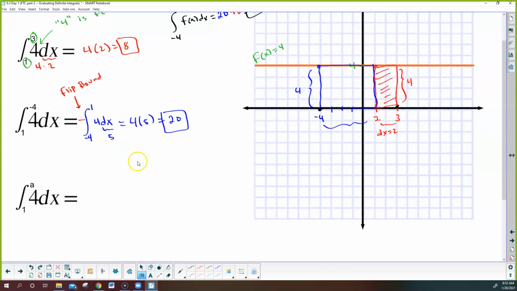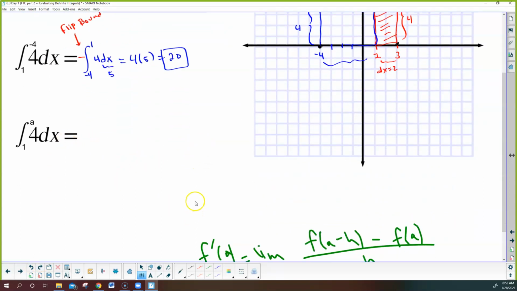just in case. What if I go from 1 to A? Now, we don't know where A is going to stop. I just know A is probably going to be larger. So what I'll do is draw a rough sketch here. Let's say I go from 1 to some random spot A, and then we're at 4.